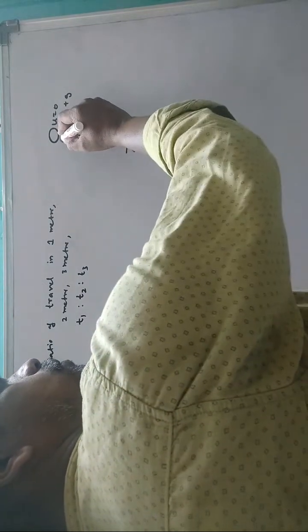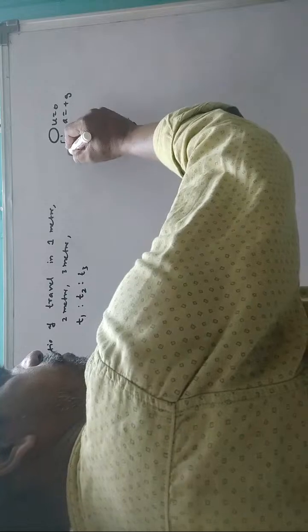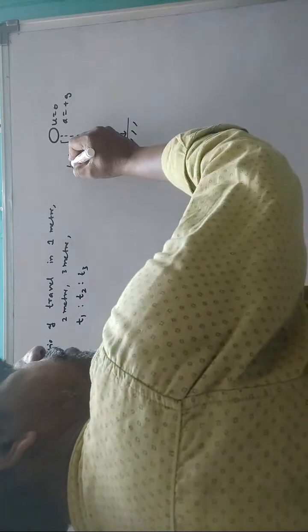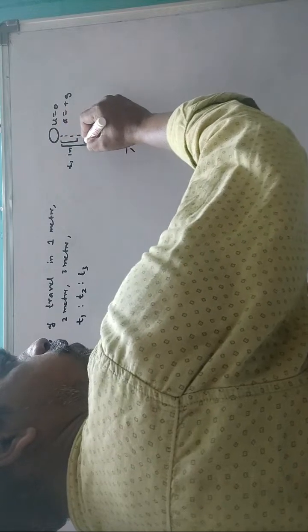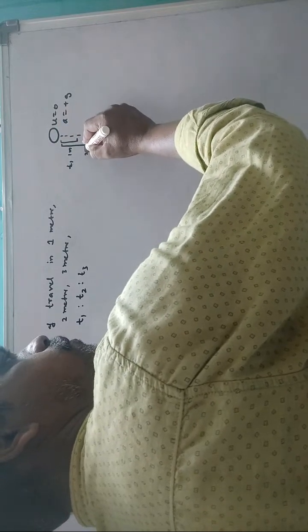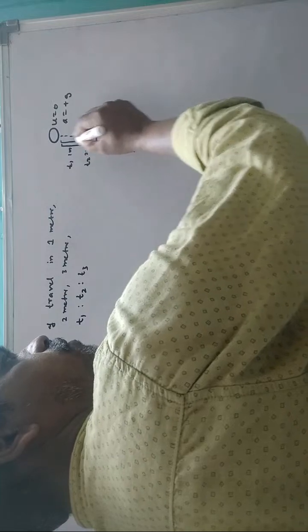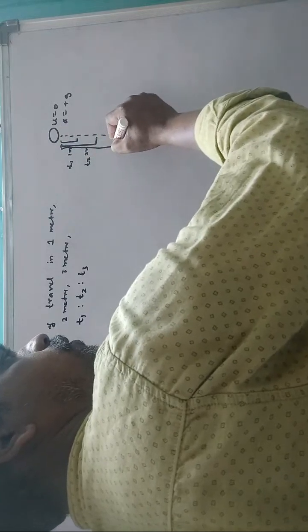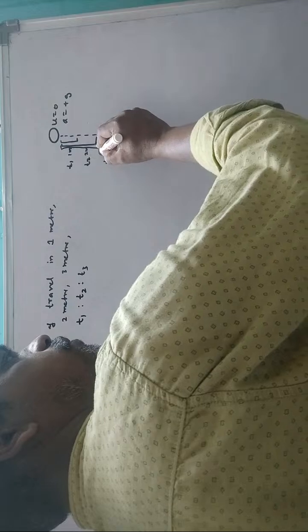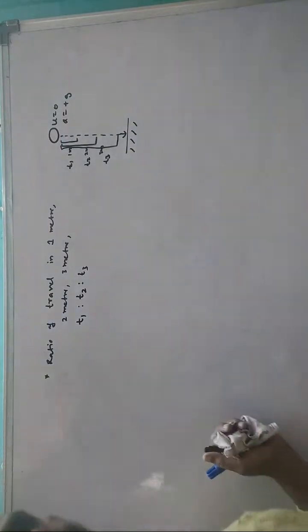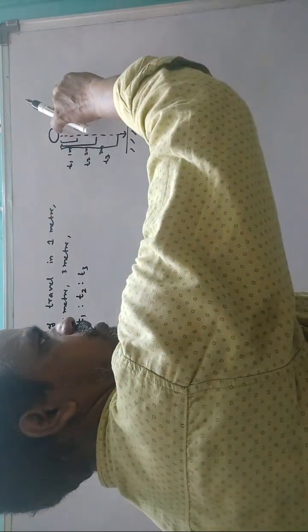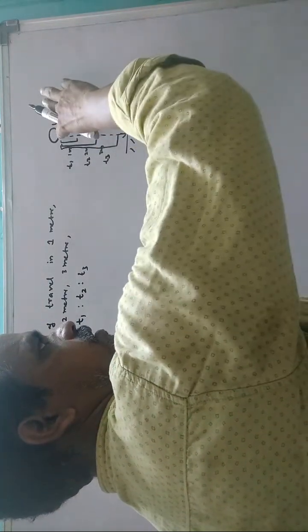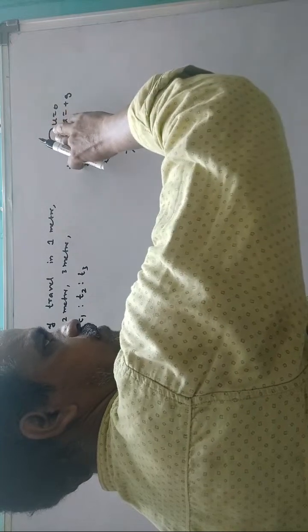So for the first 1 meter, how much time is taken? For the first 2 meters, how much time is taken? For the first 3 meters, how much time is taken?